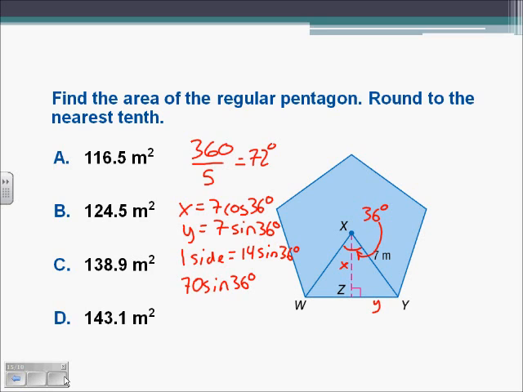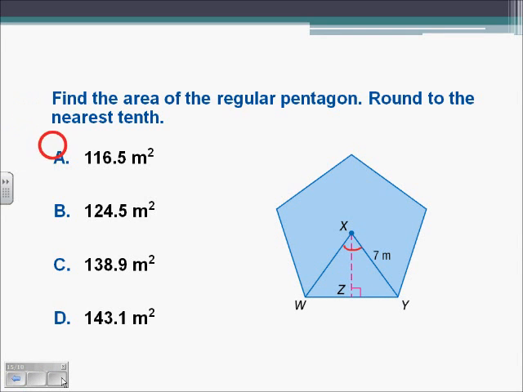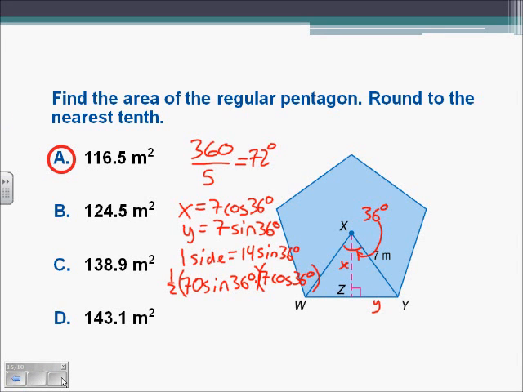And then we'll just multiply our perimeter times our apothem, which is 7 cosine of 36, and multiply that by 1/2 to find the area of our pentagon here, which is going to be 116.5.